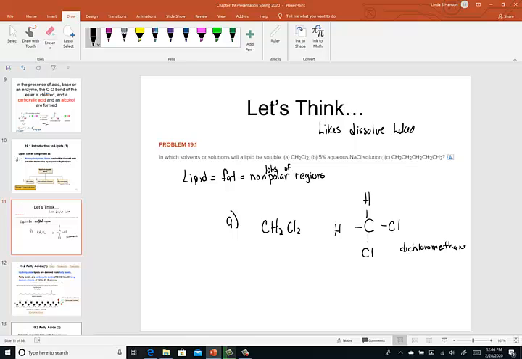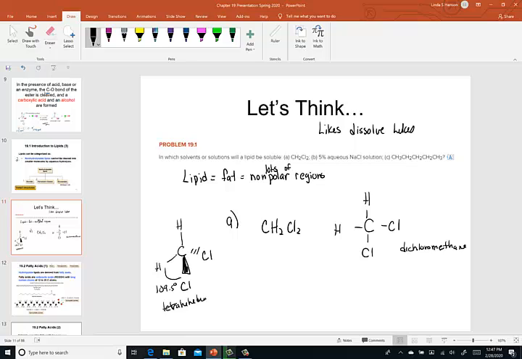Now it might seem unsure if it's polar or non-polar, but remember carbon has tetrahedral molecular geometry. The chlorines are not necessarily at right angles, but instead at the 109-degree bond angle of a tetrahedral molecular geometry.